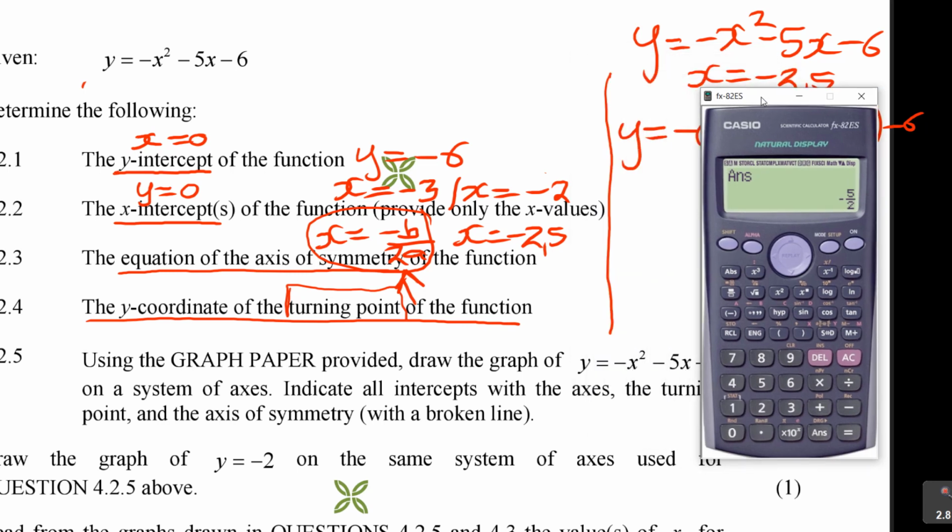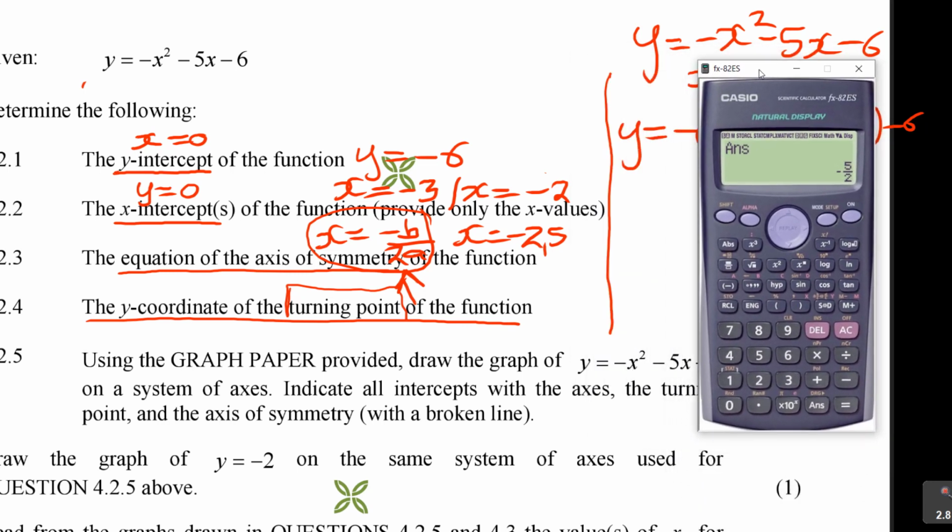So when I want to find now the value of substitution, I just come here and say that minus will be minus x squared. It's minus, and then x squared becomes answer squared. You see that? My answer is already kept as negative, so I don't have to even put brackets. It's already like that. And then minus 5 answer, and then minus 6.